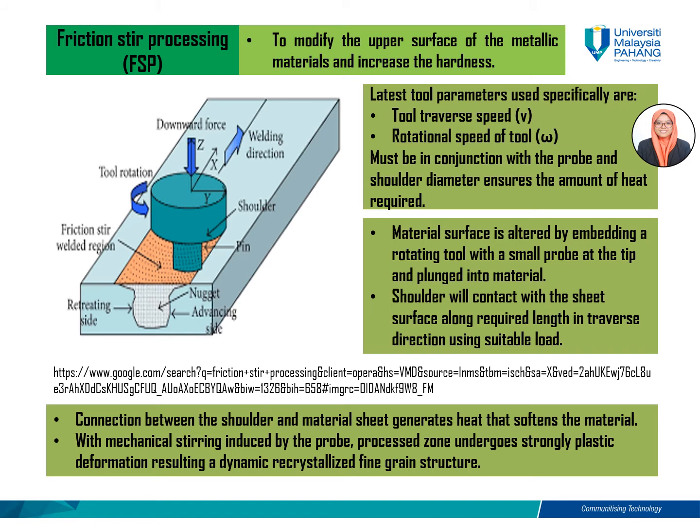Heat is generated from the contact and softens the material below melting temperature, while the mechanical stirring induced by the probe leads to strong plastic deformation, resulting in a dynamically recrystallized fine-grained structure.